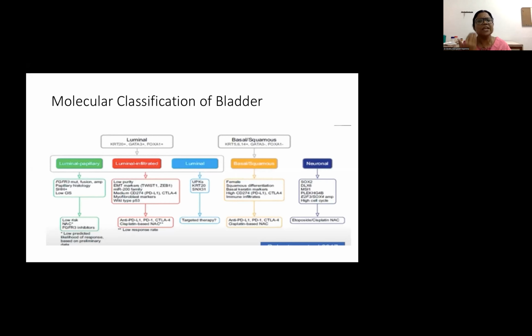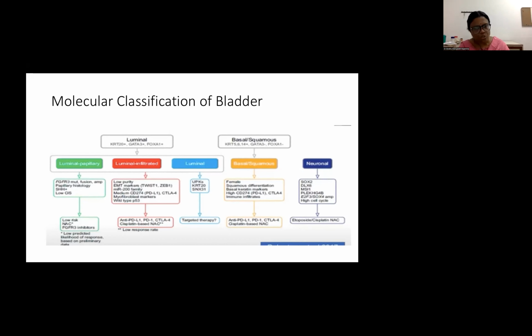Why should one break their head to stratify the tumor into luminal or basal? Because if it is a luminal tumor, it comes under a good prognostic category, whereas basal is a bad tumor. If you ask me whether one has to have all these molecular tests, ours being a resource-limited country, one would be tempted to ask whether one should have all these in our armamentarium so that we are able to diagnose it.